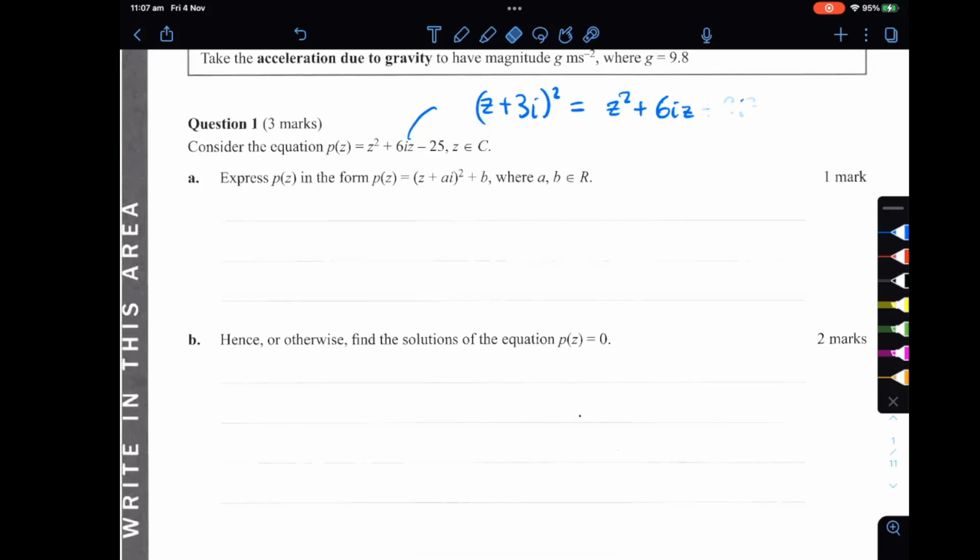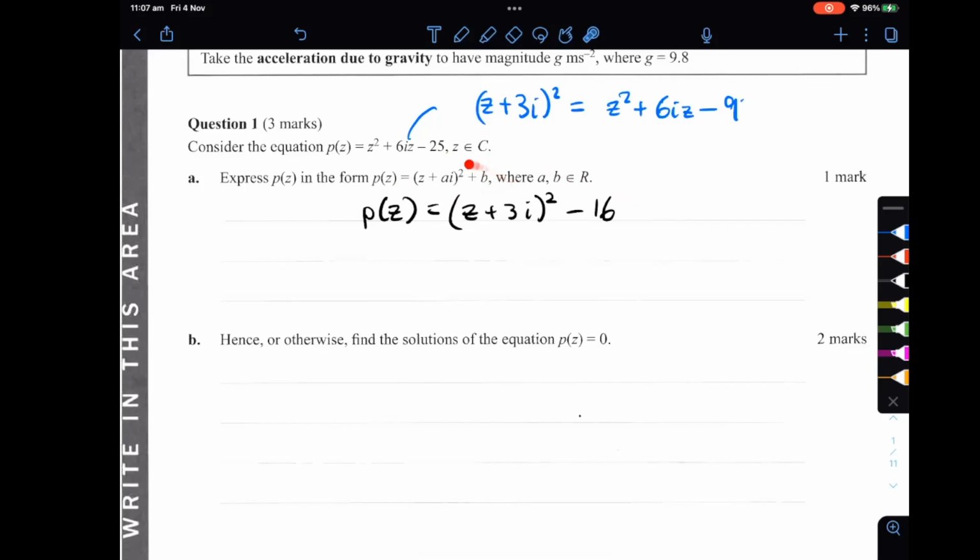The 9i squared just becomes negative 9. So if we want to get to 25, we have to subtract an extra 16 on top, right? So that means p(z) is equal to (z plus 3i) squared minus 16.